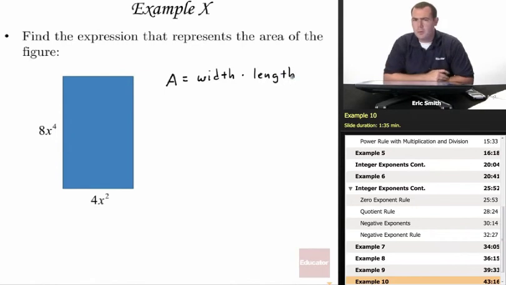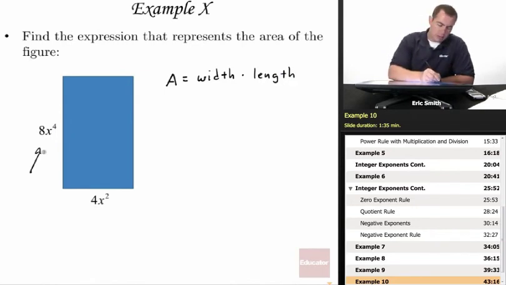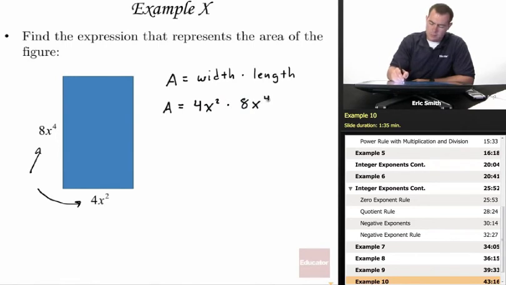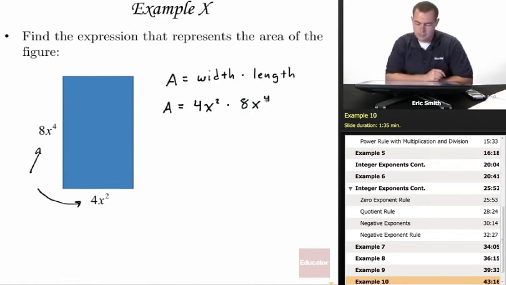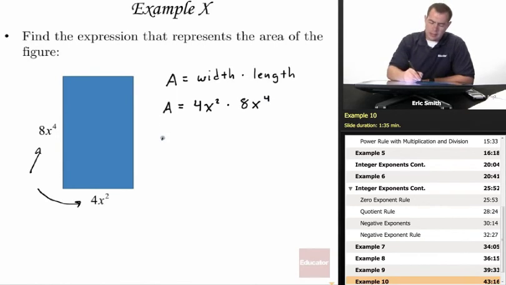Now I'm not really sure what the width and the length are here, since both of them are written as expressions. So I'll write those in. So area is the width, 4x squared, and the length is 8x to the 4th. Okay? That means I can really take this expression for the area and put it together using some of my rules. Let's rearrange it.